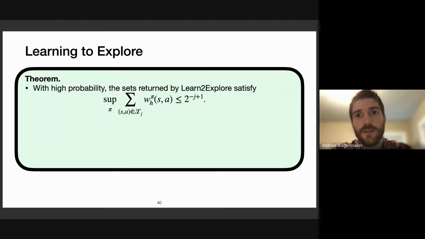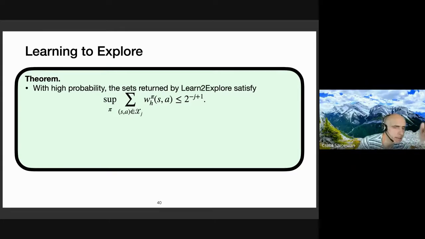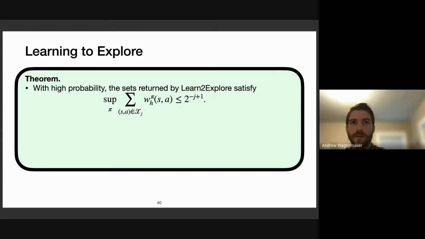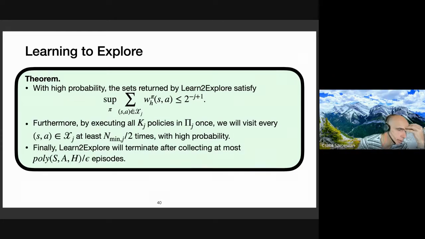The subscript h denotes that, because our algorithm segments based on the horizon, we also do this learn to explore procedure where we segment based on the horizon. And so xjh is like the jth reachable states and actions at stage h. Does that clear it up? Okay, yeah, it's like stage-wise, you are basically running the same procedure. Exactly. Okay, that's what I thought, but I wasn't sure.